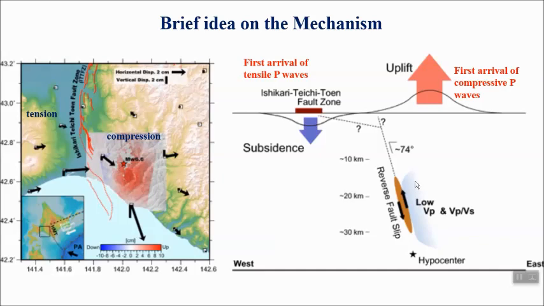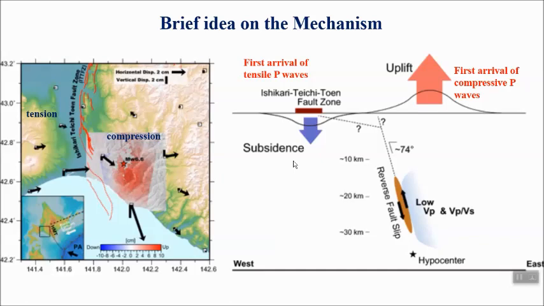Now there are different kinds of seismic waves, S waves and P waves. P waves are longitudinal waves, so they have compression and tension. There will be a repeated cycle of compression and tension in the longitudinal waves. As this wave propagates, in the block which moves up, the first arrival P waves will be of compressive nature, but in the block which moves down, the first arrival P waves will be of tensile nature.